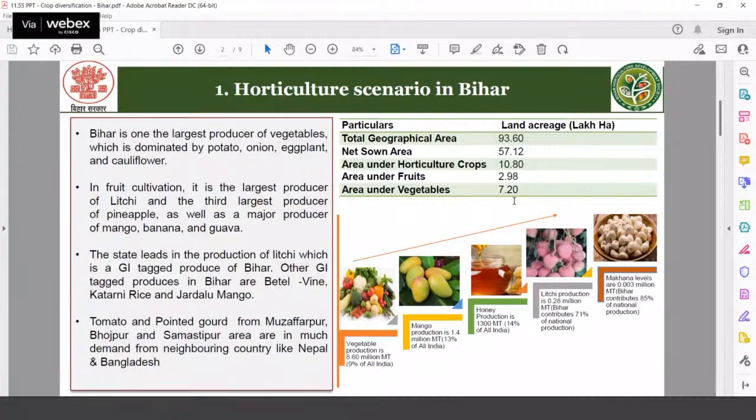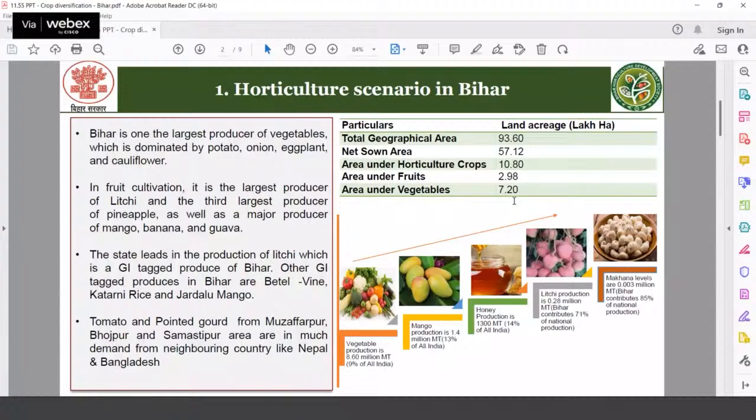Even in fruit cultivation, it is one of the largest producers of lychee and the third largest producer of pineapple, and of course a major producer of mango, banana, and guava as well. It is home to 4 GI tags: Bitli, Maghi Pan, Katarni Chawal, Zardalu mango, and also Shahi lychee. And in fact, a GI tag is in process for makhana right now.